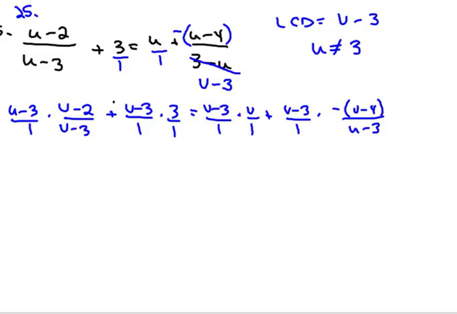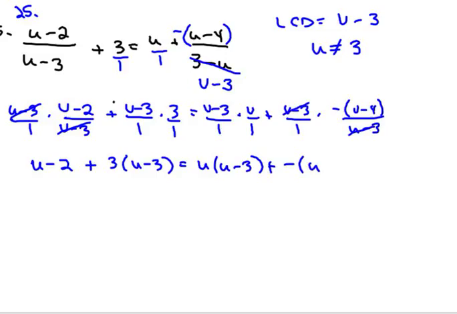Cancel. U minus 3's cancel, leaving you u minus 2. Here, nothing cancels, so we have 3 times u minus 3. Nothing cancels, u times u minus 3. U minus 3's cancel, you get negative times u minus 4.